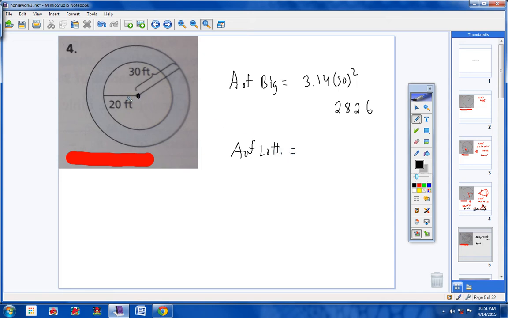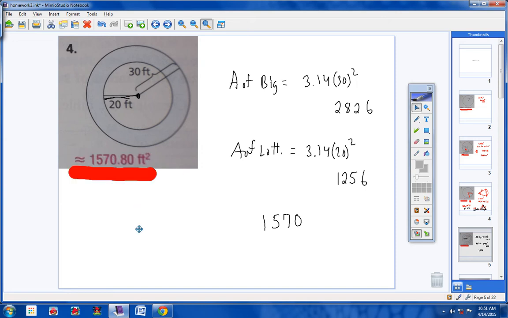Well, the radius of the little circle is 20, so 3.14 times 20 squared. Subtract the two, and you're going to get 1,570. Alright? Okay. Moving on to number 5.